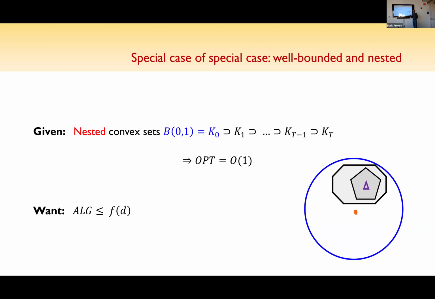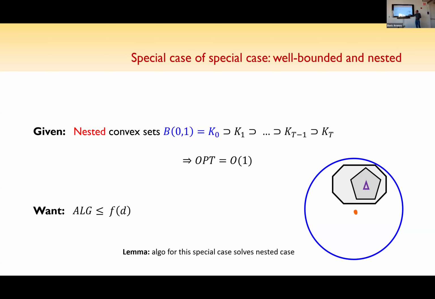Opt is a constant. In fact, it's 1 at most. All you have to do is give me a solution which pays f of d, some function, times 1. It's up to scaling. This is the problem I want to solve.